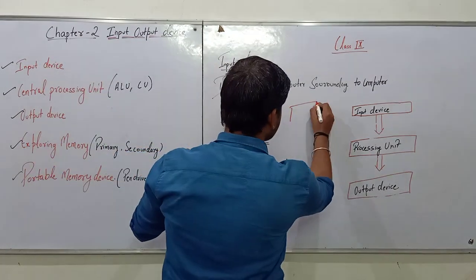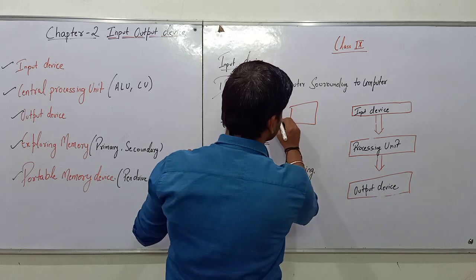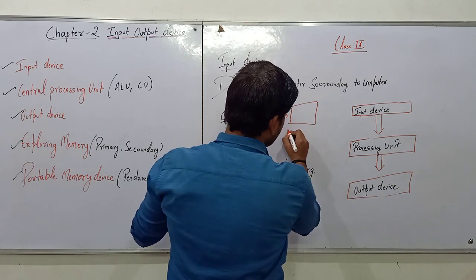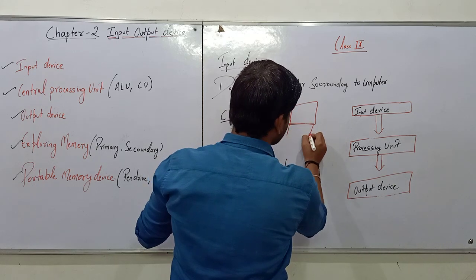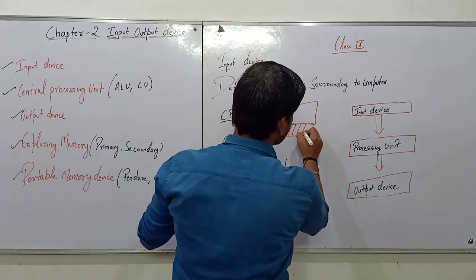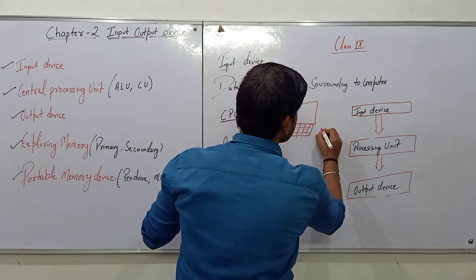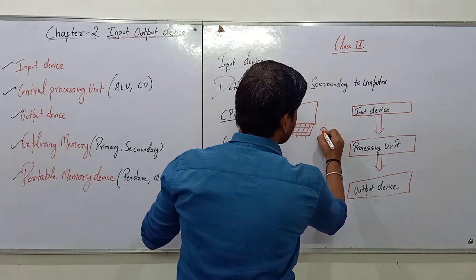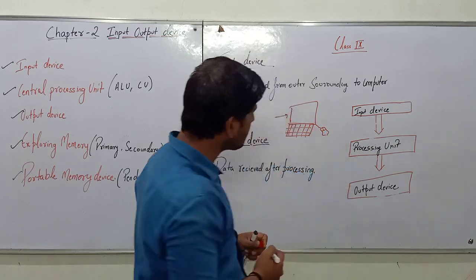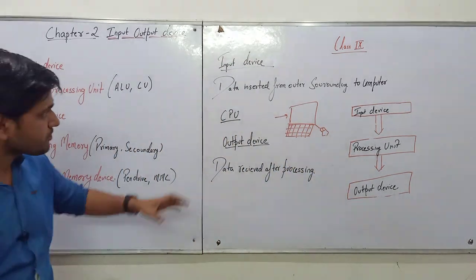Means this is your computer. If you want to give any data to the computer for processing, we need an input device, such as a keyboard or a mouse. These are some input devices which a user uses to insert data into the computer.